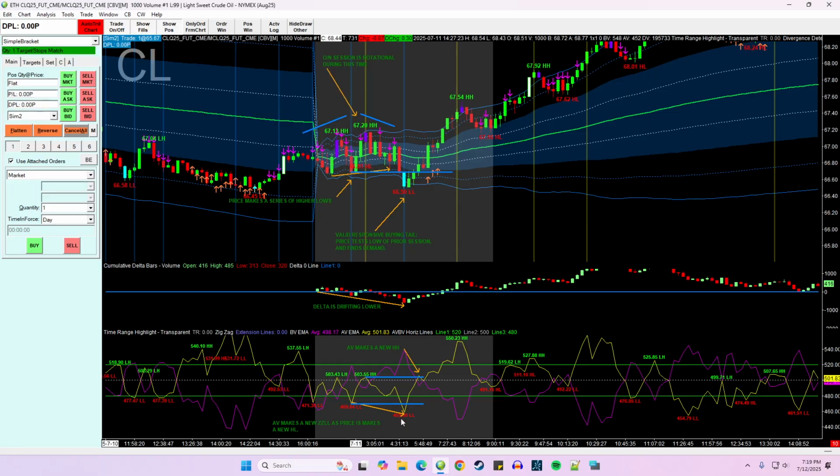It makes this new lower low down here, and what's important is that this coincides with the lower low of the price and the tail, and finding excess demand here before it takes off.